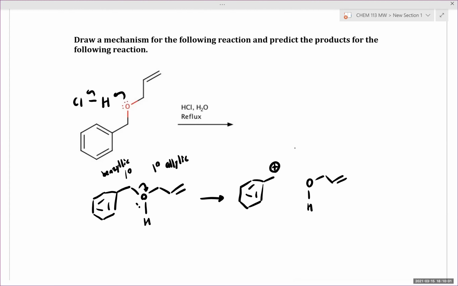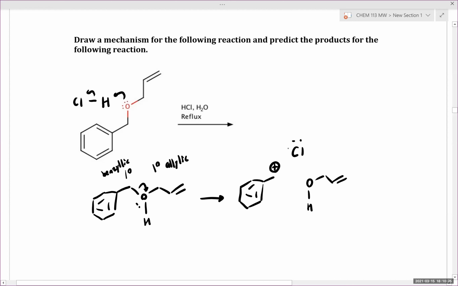Do we see any elimination? We don't see elimination because there are no adjacent protons for elimination to occur.